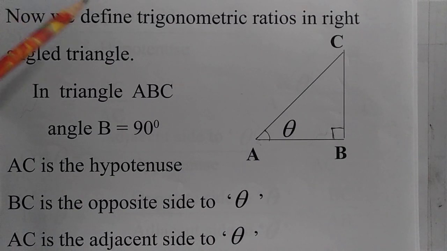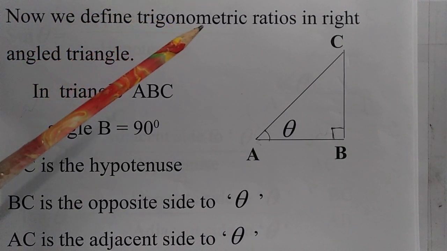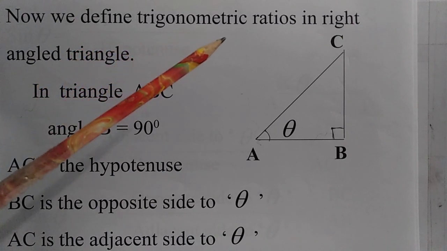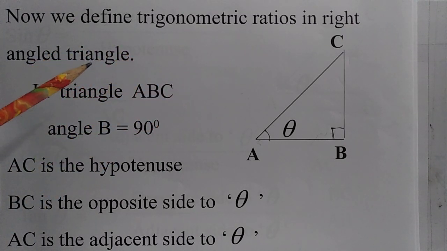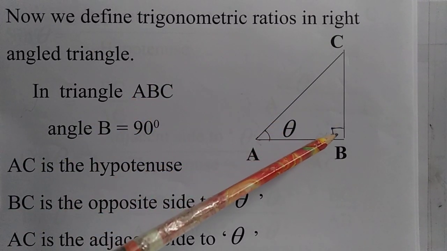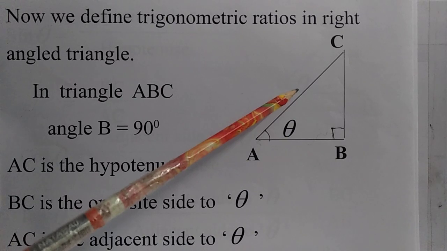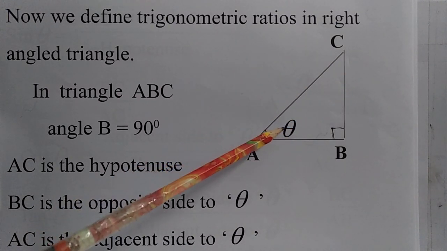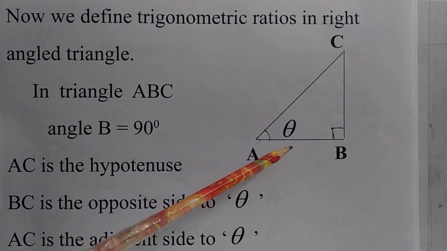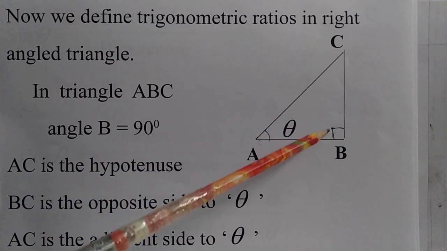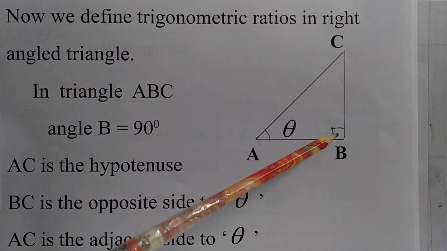Now we define trigonometric ratios in right angled triangle. In triangle ABC, angle B equal to 90 degrees.